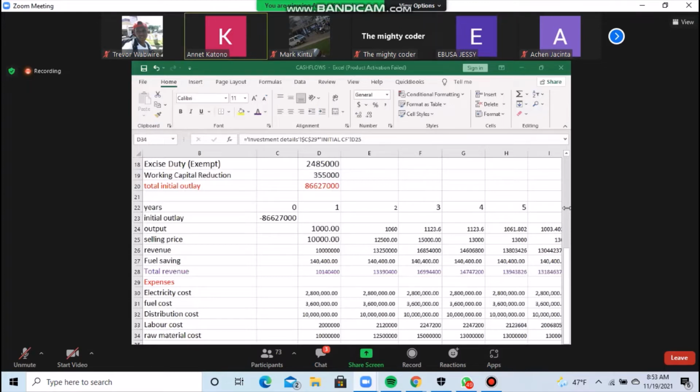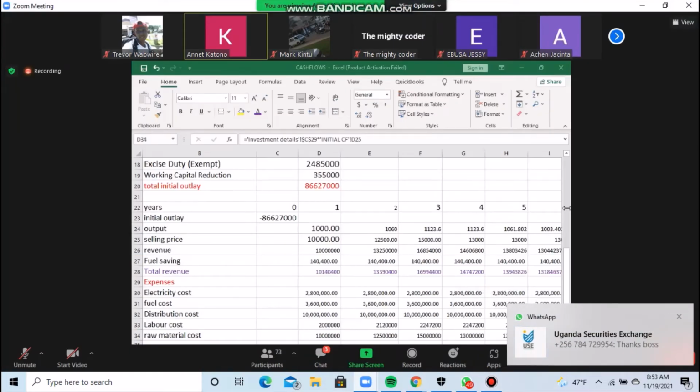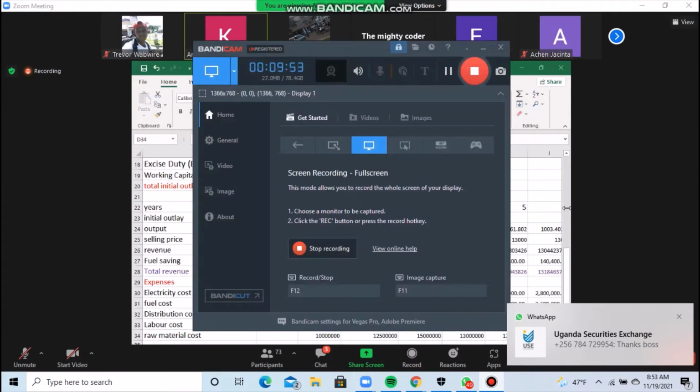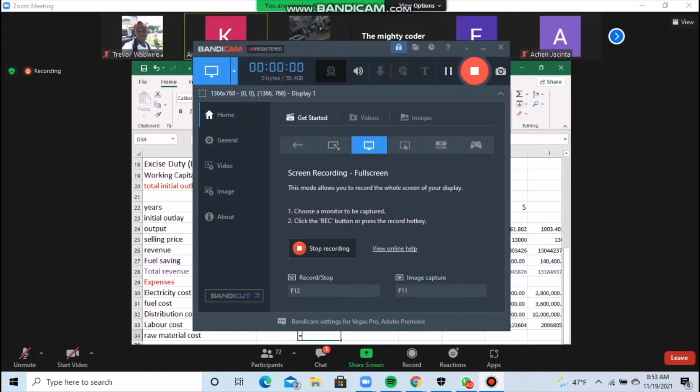I shared the document with your course leader, the question. The question is telling us the material costs are expected to be 1,000 shillings per unit output produced. So we go back, it is per unit.